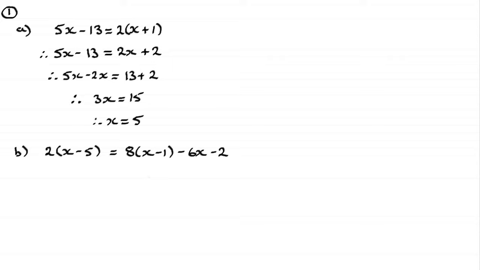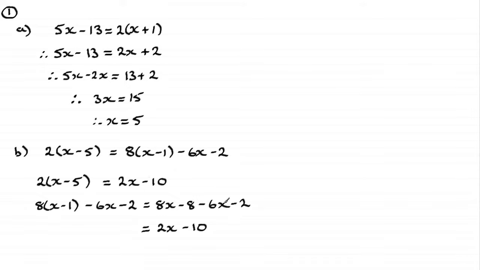Okay, right, well, let's just have a look at this because this raises an interesting point. Obviously, some of you have seen that if we take the left-hand side and expand it, you get 2x minus 10. And if you take the right-hand side and expand that, that reduced down to 2x minus 10.